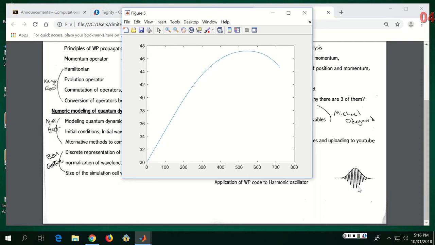So there should be a variable that would implement the expectation value of momentum. And let's look through the code and identify what it is.